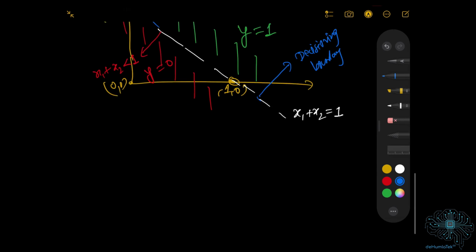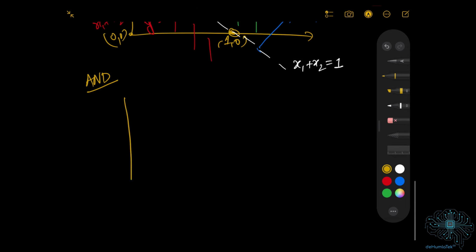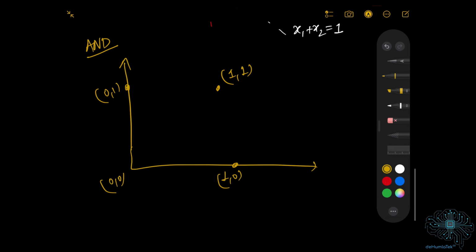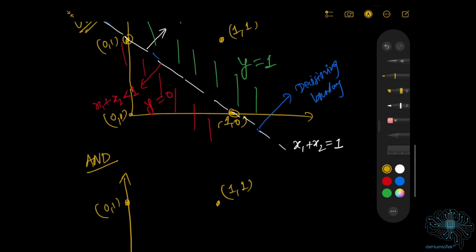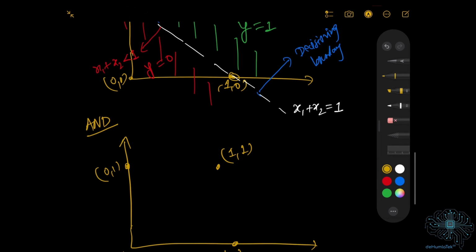Now let's see it for the AND gate, or AND function. These are the points 0 0, 1 0, 0 1, and 1 1. For the AND function, we have the equation x1 plus x2 should be at least 2, so the linear equation is x1 plus x2 equals 2.